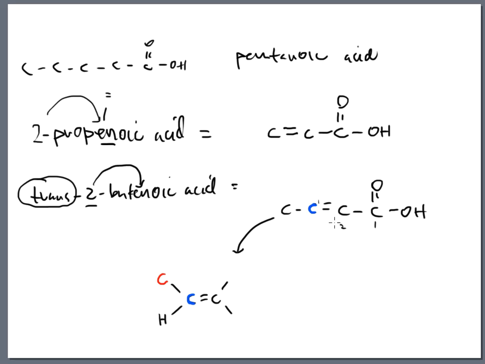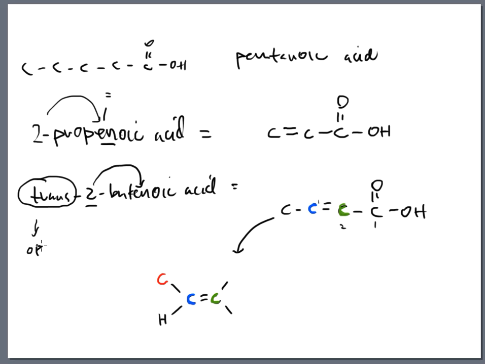Now, the carbon on the right-hand side. That carbon looks to me like it is connected to a C double bond OOH. There's the group. But where's that 4th bond? Well, again, that 4th bond is a hydrogen. Okay, now maybe I remember what trans meant.